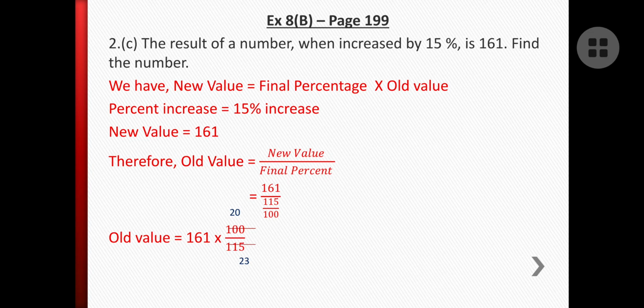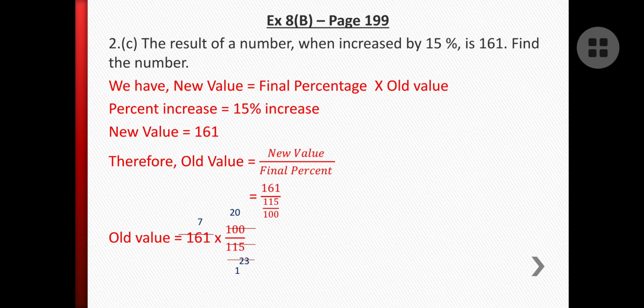And for 161 and 23, the common factor is 23 itself, because 23 into 7 gives 161. So I can cut 23 by 23, that is 1, and 161 divided with 23 is 7. If you have any problem in this kind of division, you can do the normal division, or you can take small values and simplify. It's up to you.